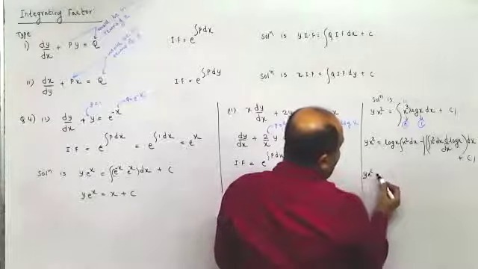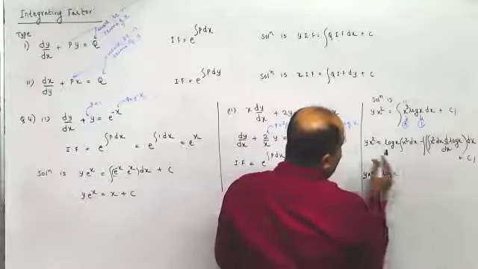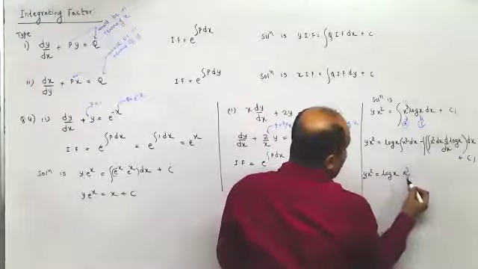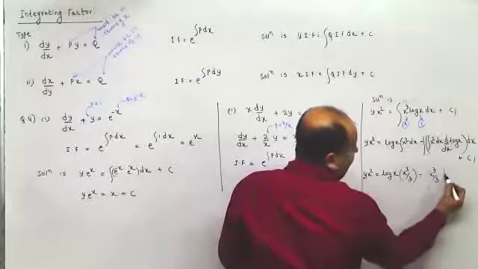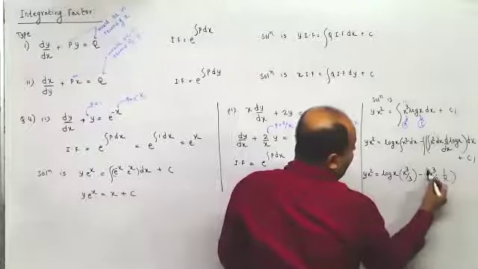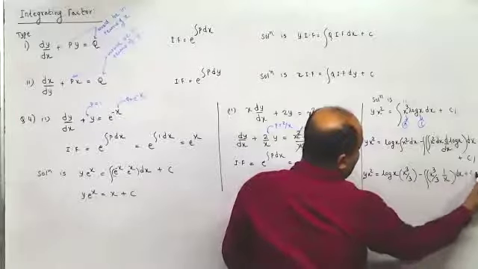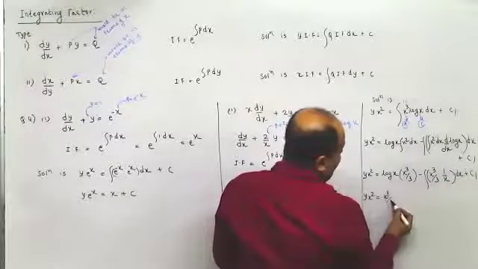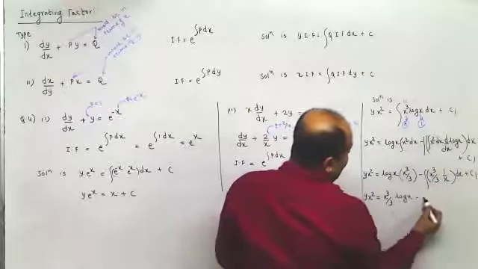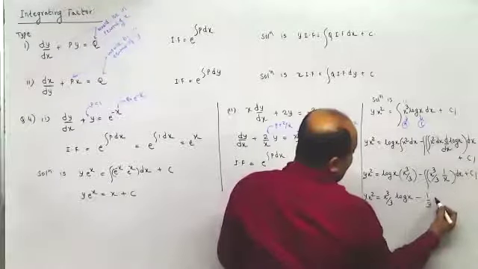So y into x square equals log x. What is integration of x square? It is x cube by 3. This is minus, this would be x cube by 3, derivative of log x is 1 by x, and integrated with respect to x plus c1. This would give me y x square equal to x cube by 3 log x minus, this is x square by 3, so this would be 1 by 3.